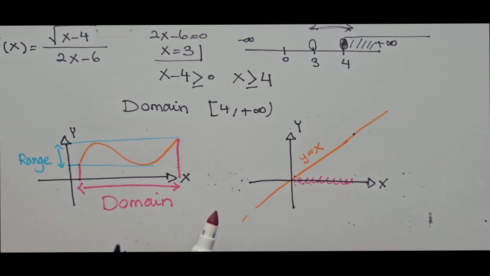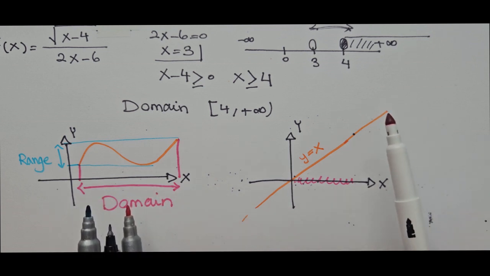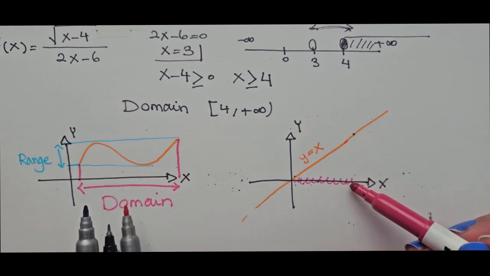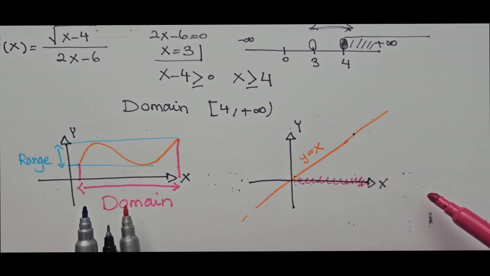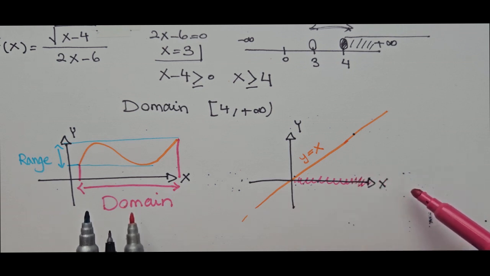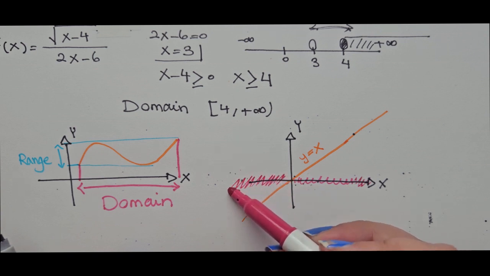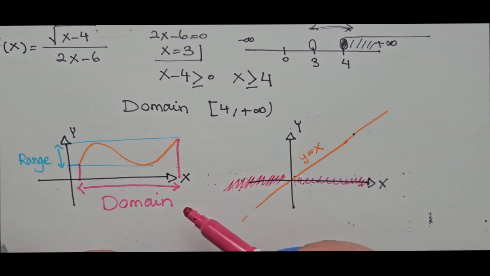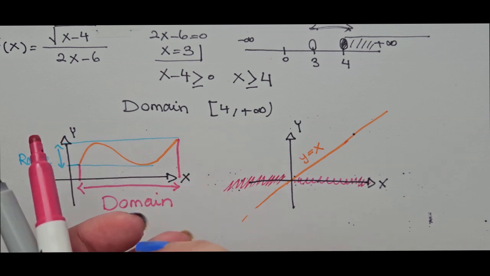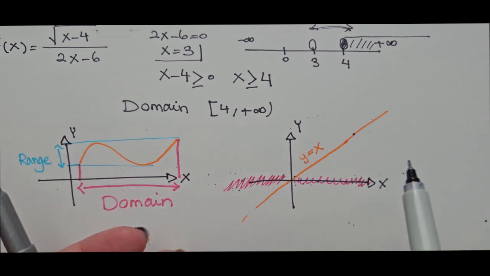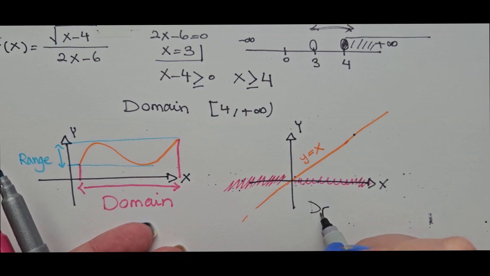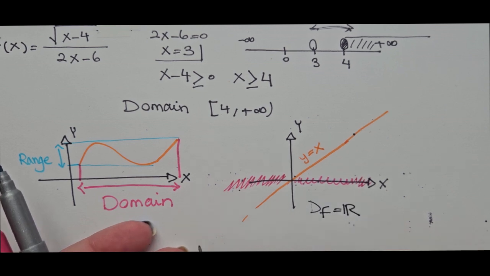It doesn't stop. So if I reflect it on the x-axis, it will contain all the positive x values, and from the negative end, it will contain all the negative values. So you could say that your domain is all the real numbers.